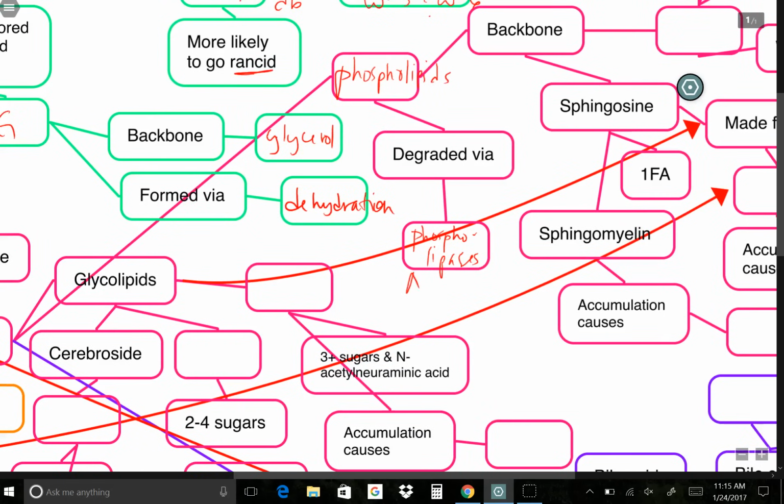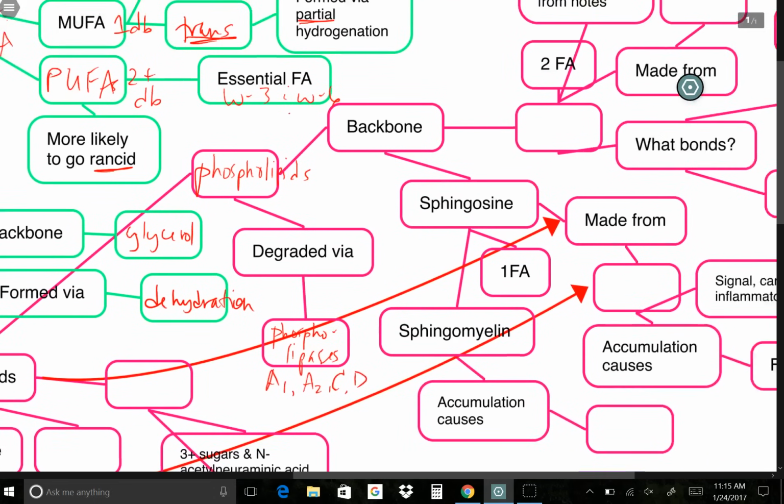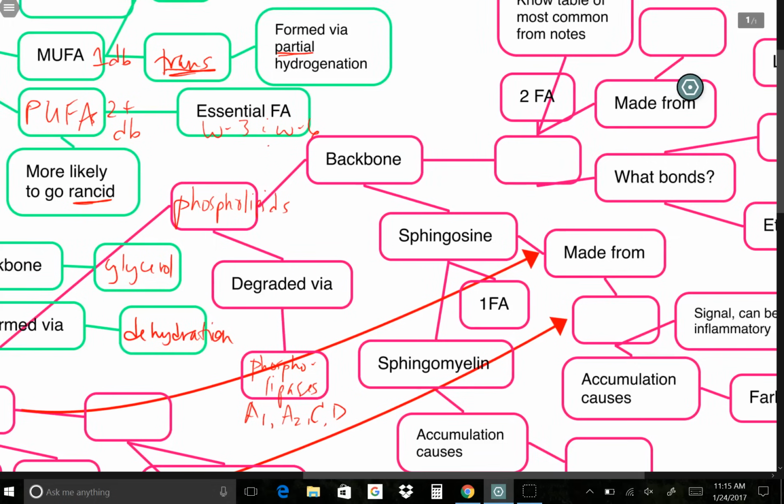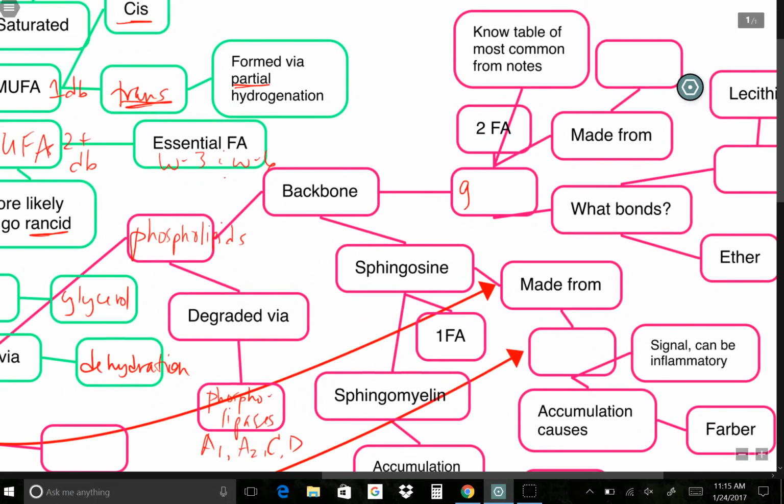Don't forget, make sure you go back and know what phospholipase A1 breaks, A2, C, and D. The backbone of the phospholipids can either be a glycerol or it can be a sphingosine molecule.